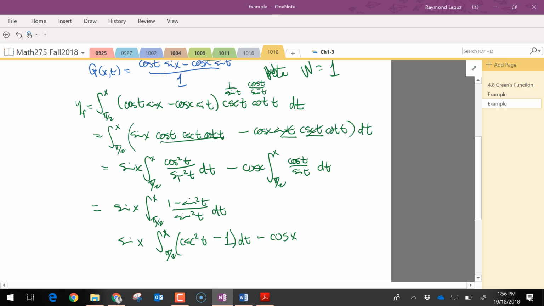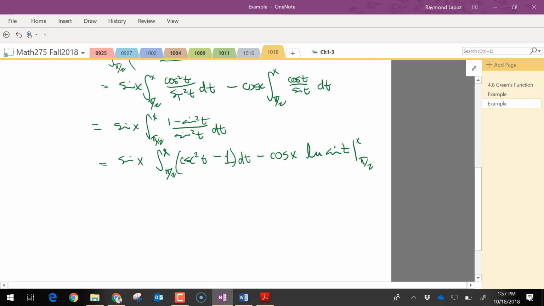So it's just ln sine t. And we have to integrate that from pi over 2 to x.